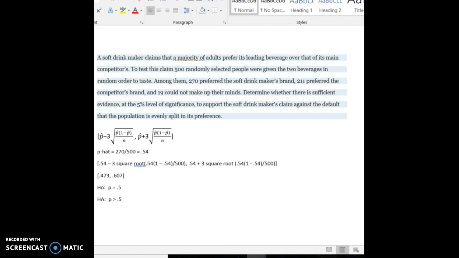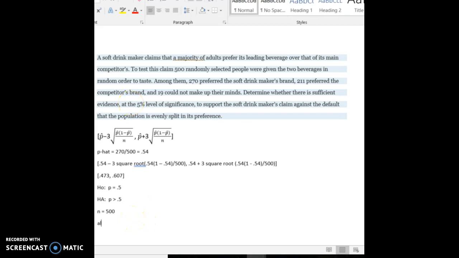Okay, so let's notice all of our information. We know p hat from up above. We know that n is 500. Okay, so first, let's go and get what corresponds to our 5% level of significance.